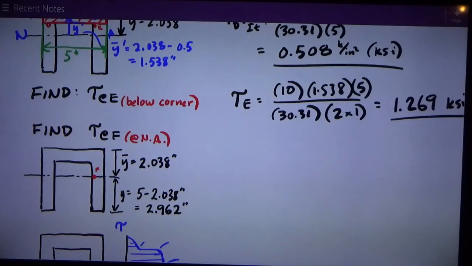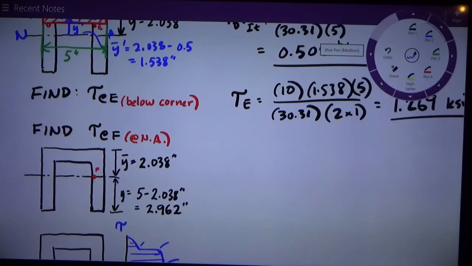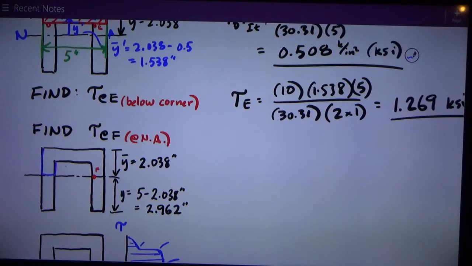Q is defined as y bar prime A prime, where A prime is the area away from the neutral axis where I'm calculating the shear stress. So I could do it the hard way, which is figure in blue this little C-shaped area. Figure that A prime, then I have to figure out the centroid of that A prime, which I don't know where it would lie, something like right there. So that would be one A prime, and that would be a Y bar prime.